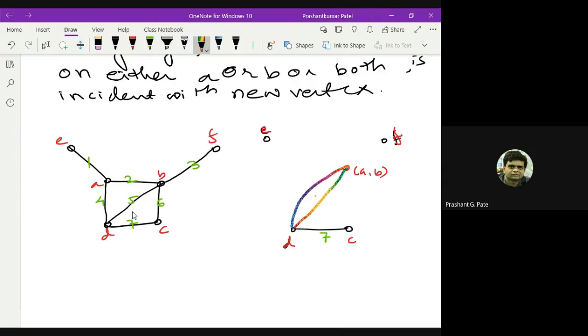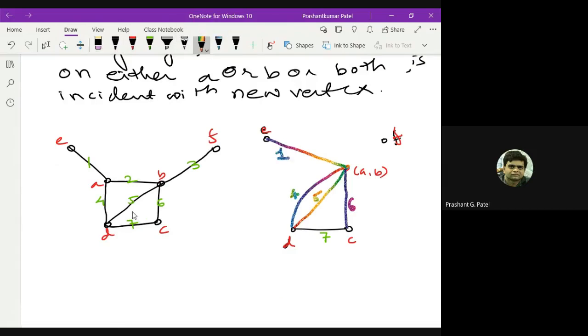So this is my 5, this will be 4. 6 is there, so this is 6. Then E, which is incident with A, so that will be incident with this new vertex. So this is 1.